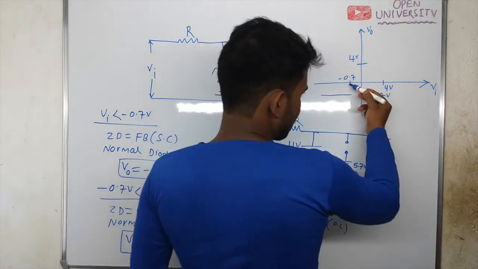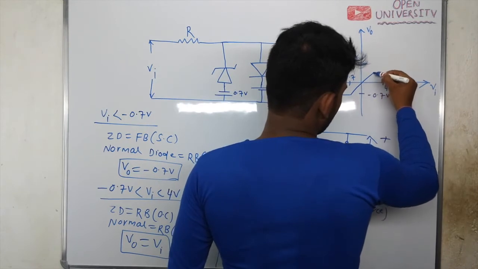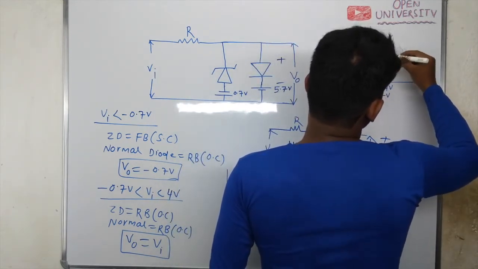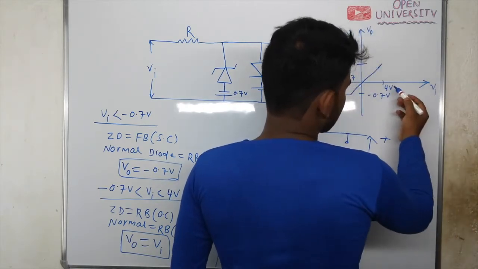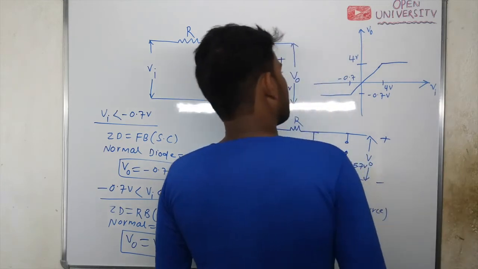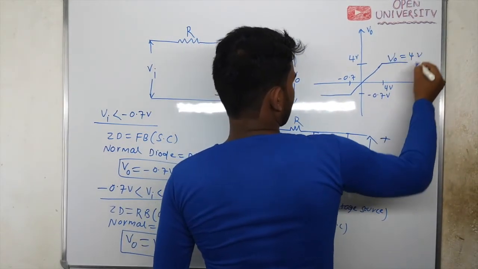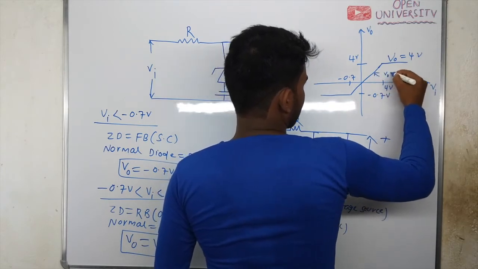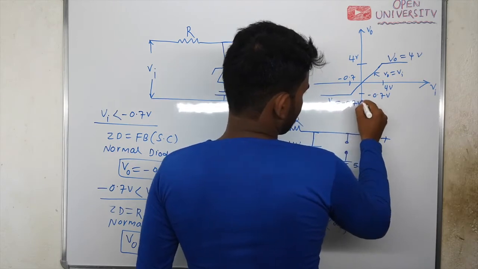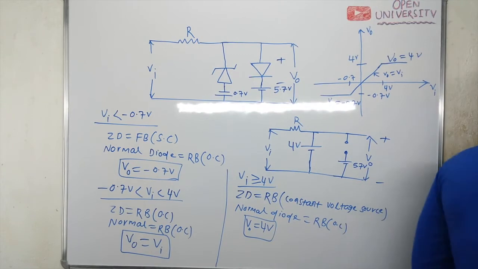If input voltage is in between minus 0.7 volt and 4 volt, output voltage will be V naught equal to Vi. And if input voltage is greater than 4 volt, V naught equal to 4 volt. This is V naught equal to 4 volt, this is V naught equal to Vi, and this is V naught equal to minus 0.7. This is the transfer characteristics of the question.